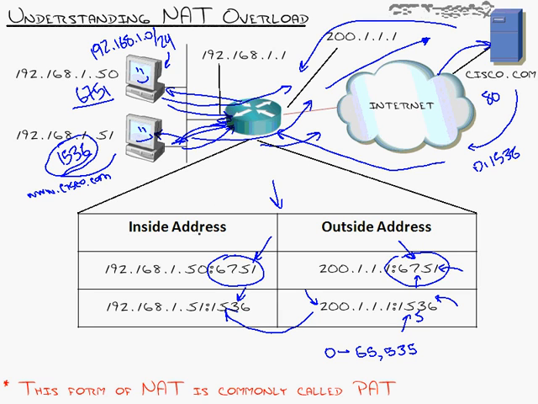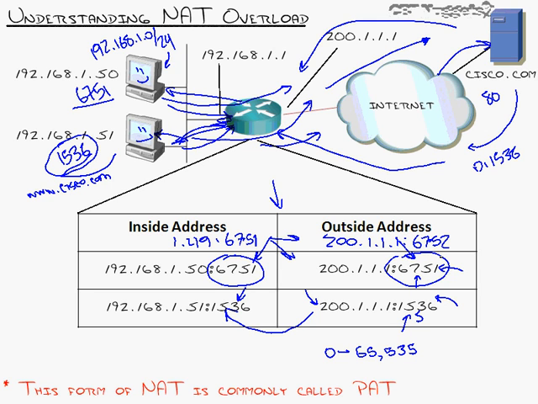Now, once the other one, we'll say 192.168.1.49, comes in with a source of 6751, the router looks and goes, oh, sorry, man, 6751 is in use. I'll just give you the next free port. So it will map 192.168.1.49 colon 6751 to 200.1.1.1, we'll say 6752.